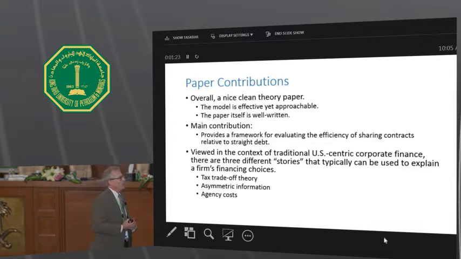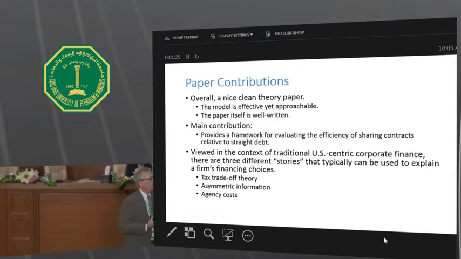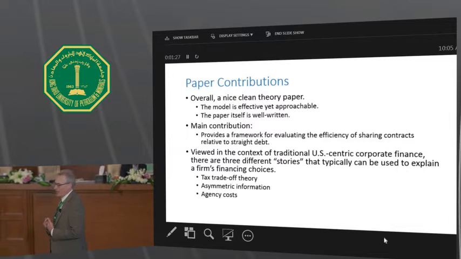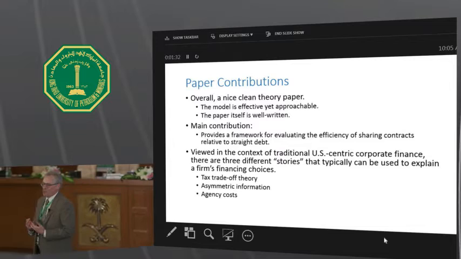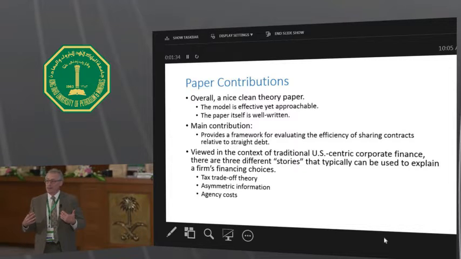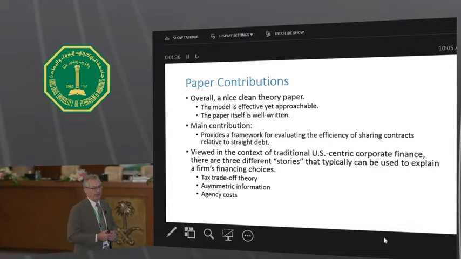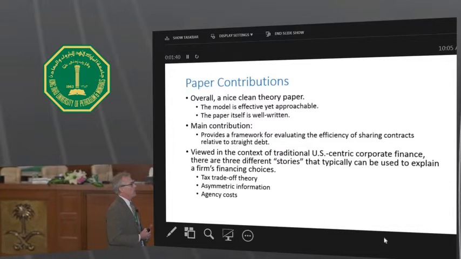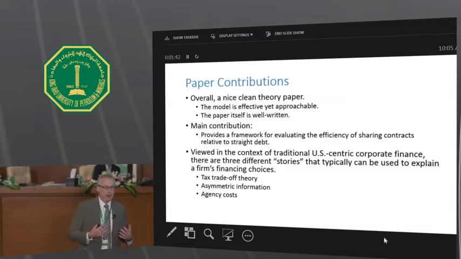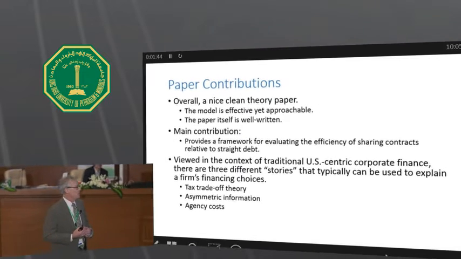Now, I tried to take a step back and look at the paper from a US-centric perspective. This is a paper that's essentially asking, how do you want to finance a project? How do you want to finance a firm? When I think of capital structure theory, I think about three basic types of theoretical arguments made in the literature.